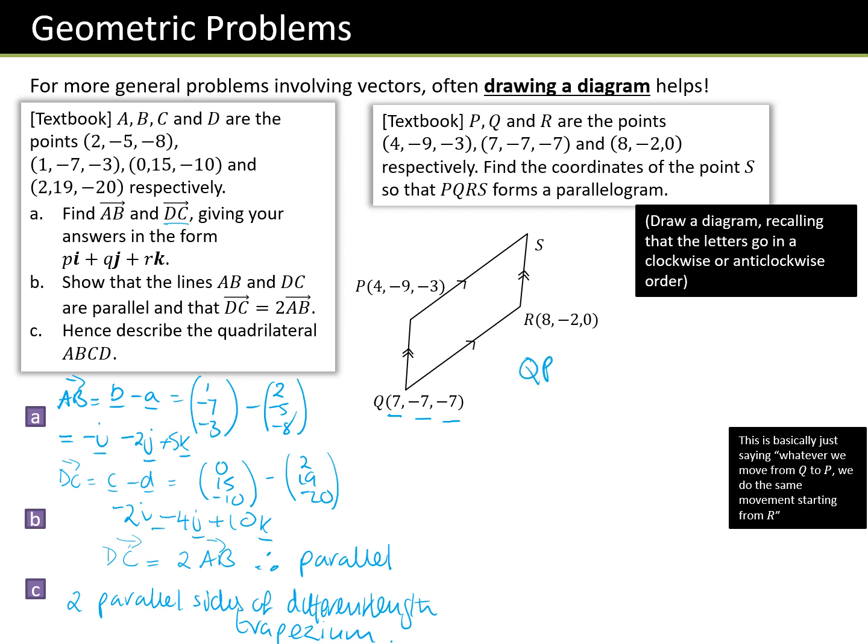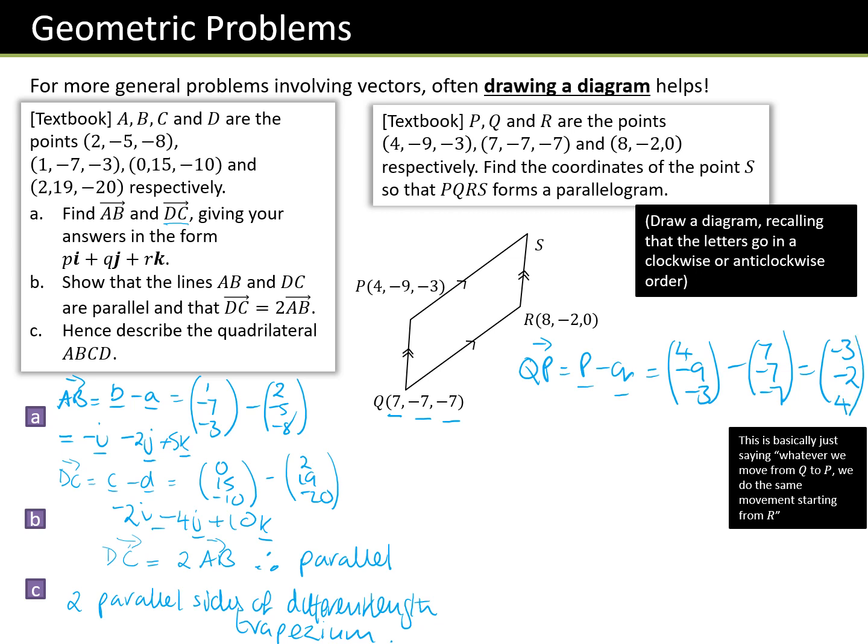So Q to P will be P minus Q, which is P, the (4, -9, 3), minus the Q, which is (7, -7, 7). So that will be minus 3, minus 2, and then 3 minus 7 will be minus 4.